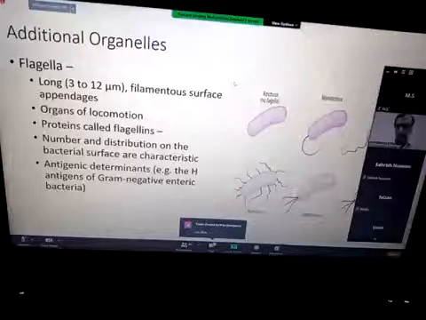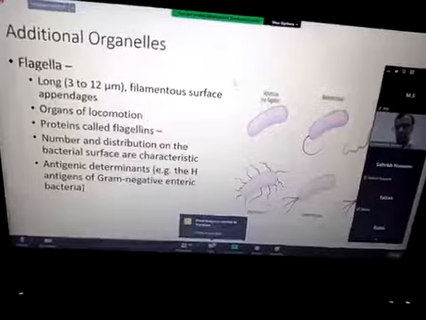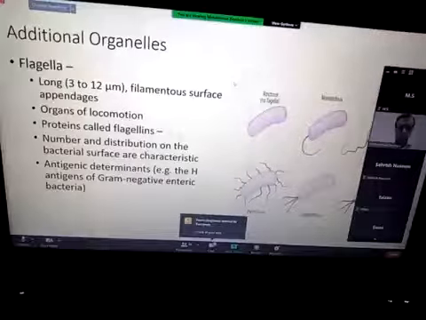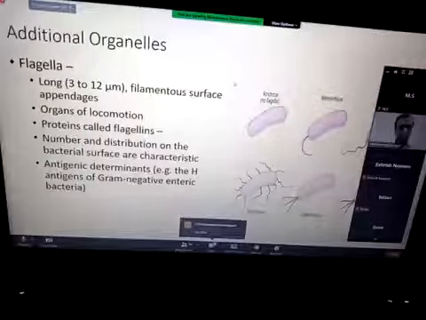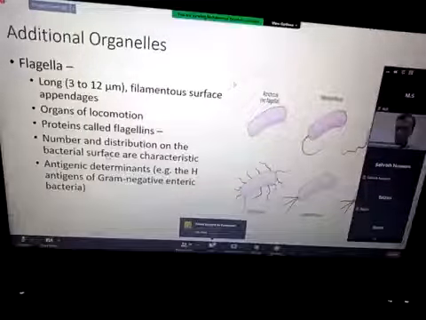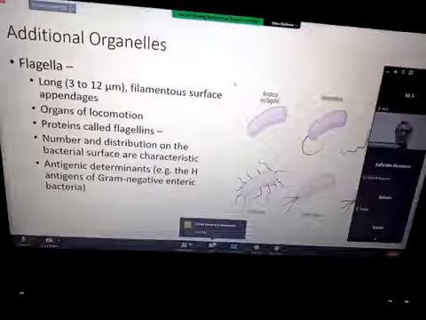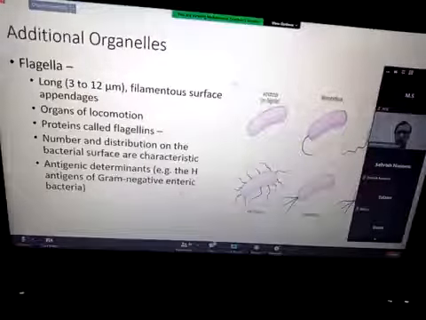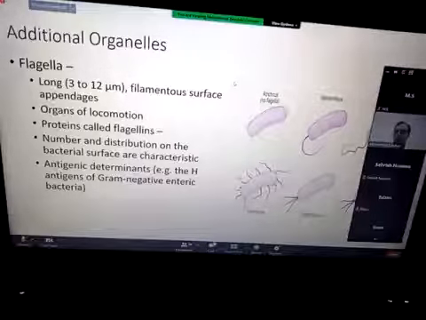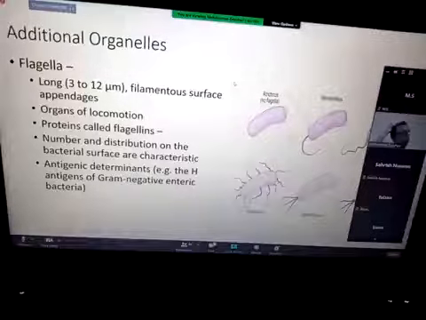Flagella are structures which have different arrangements in different bacteria. These are basically protein structures, and they help in identification of the bacteria. They are also antigenic determinants, like H antigens on the gram-negative bacteria. This has more epidemiological role.